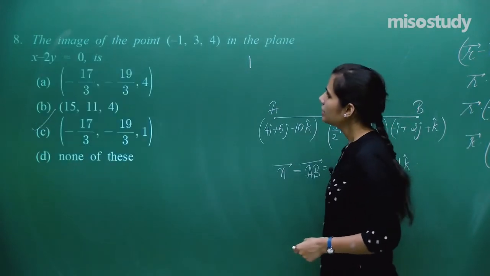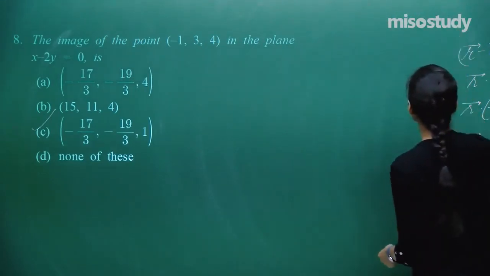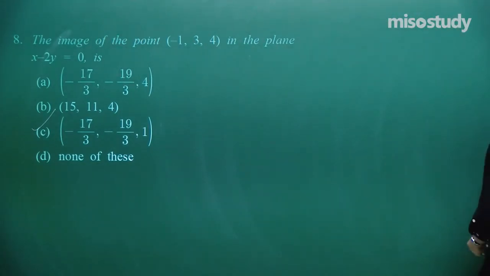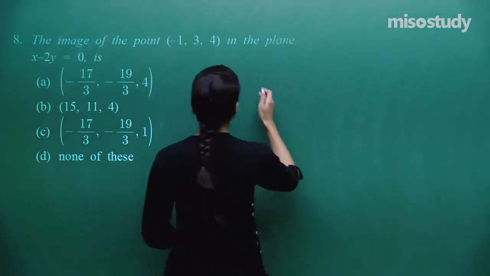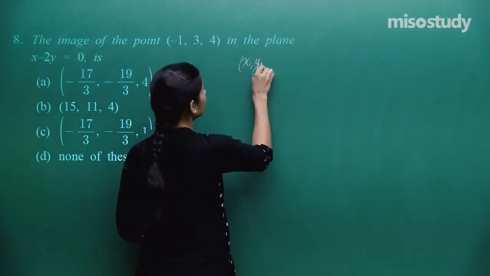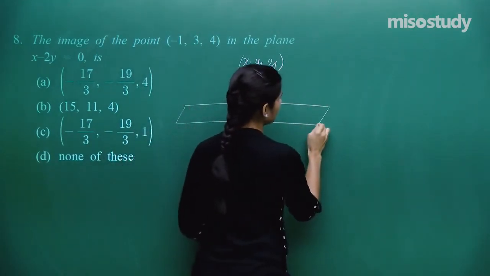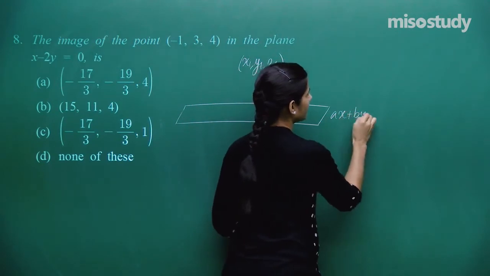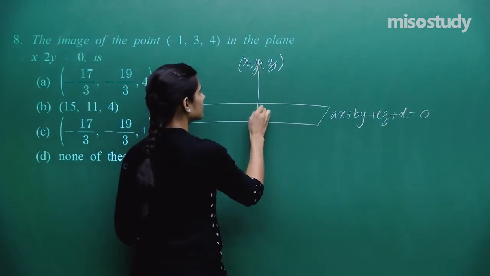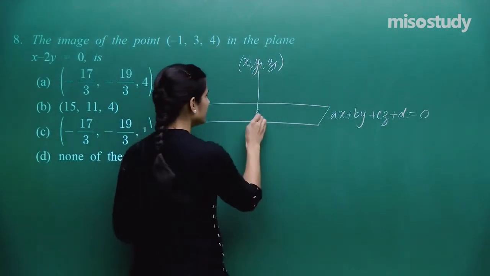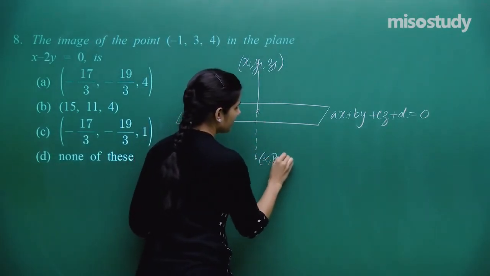The concept is clear. I am now being asked about the image of a point with respect to a certain plane. So the image of the point with respect to the plane comes out to be what? See, if this is the point x1, y1, z1, this is your plane, which is ax plus by plus cz plus d equals 0. You drop a perpendicular, and the exact same distance on the other side, you get alpha, beta, gamma as the image.